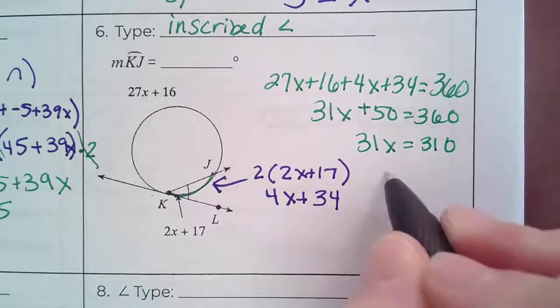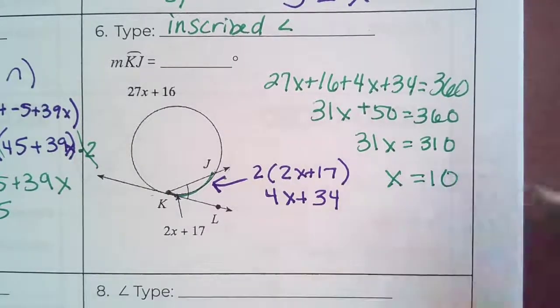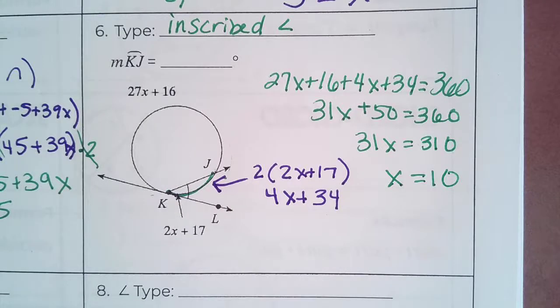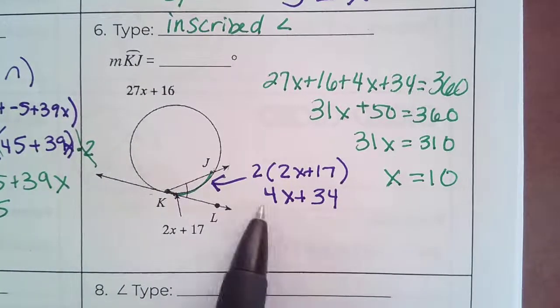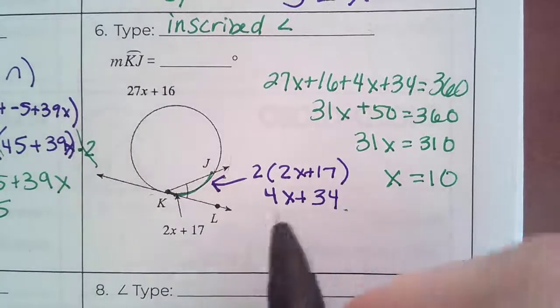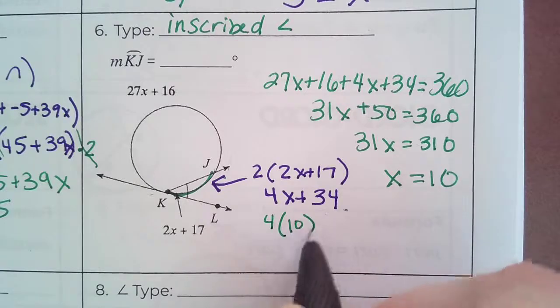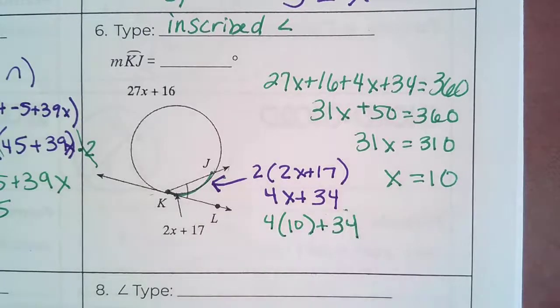Divide by 31. x is 10. Then I asked you to find arc KJ, which we have this expression for. So I'll plug in 10. So 4 times 10 plus 34. So 40 plus 34, 74 degrees.